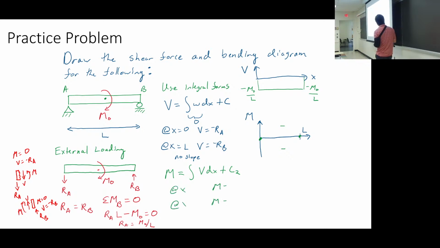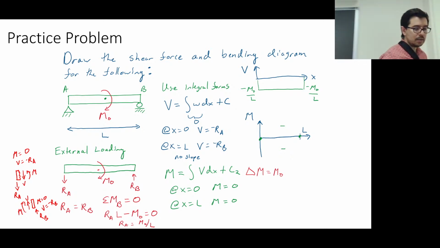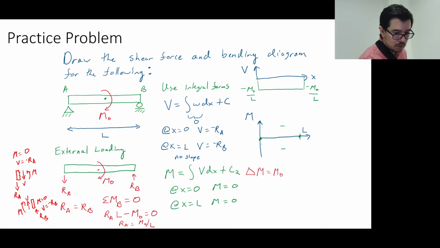So one way to think about this is I can just draw the slope. The slope is minus M naught over L. Once you know where it is, you can just draw that, because it has to do that.